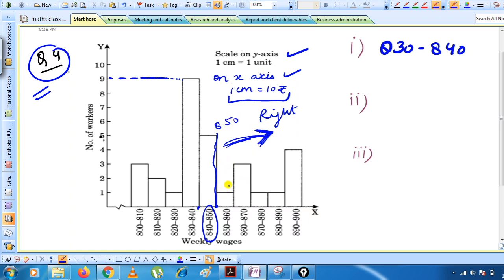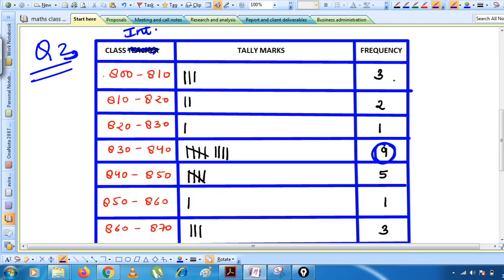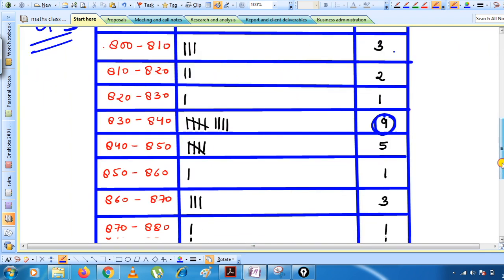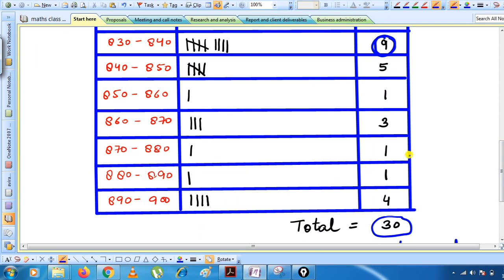the right side of this line which is representing 850. So let us see, this is representing 1 worker, look here, this is representing 3 workers, this is representing 1 and it is representing 4. If you are not getting the number of workers, you can check this table. These are the number of workers which are represented on the y-axis, and these are the class intervals which we made on the x-axis.